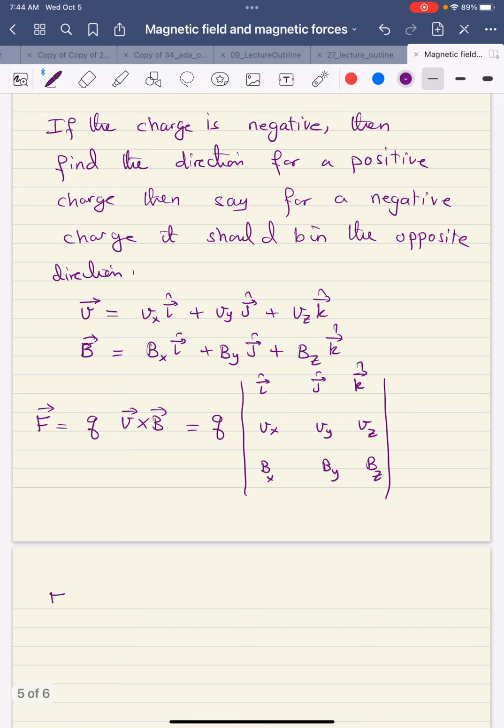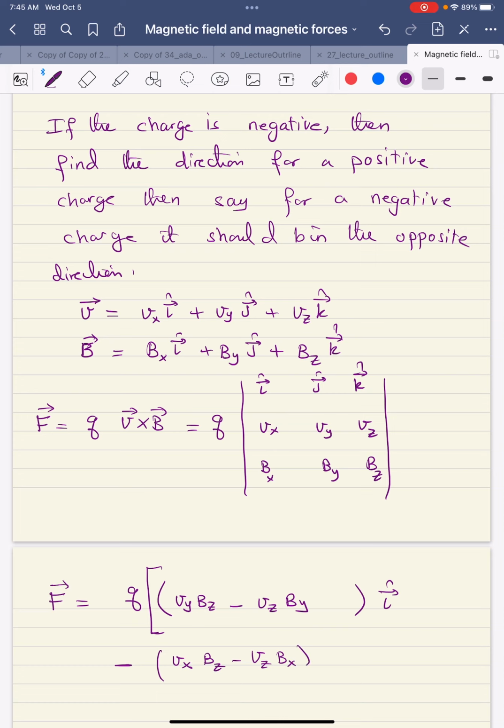And I can do that, like I always like to have a big bracket here. For the i component, you cover the i, and then you say it is VyBz minus VzBy. Here I have a negative, and I cover the j, and I say it is VxBz minus VzBx.